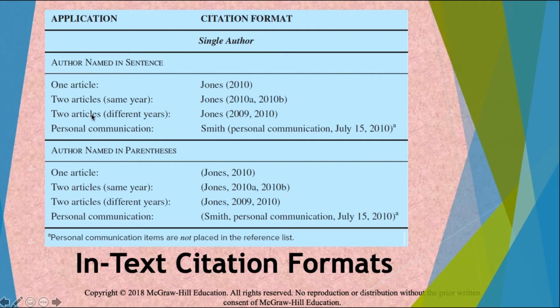If two articles by the same author in different years: Jones 2009, 2010. Personal communication: Smith, personal communication, July 15. So, author named in parentheses: this is one when we start the beginning of the sentence; this is if you put it at the end. So Jones, 2010, or if it is two articles in the same year, Jones, 2010a, 2010b, and so on.